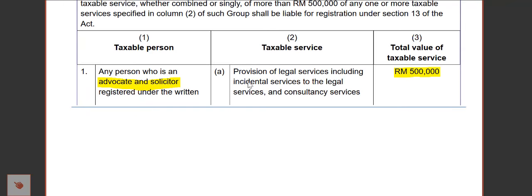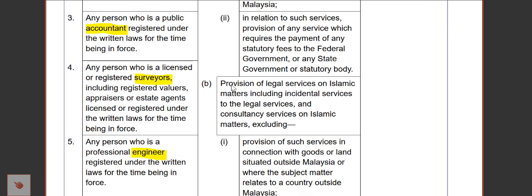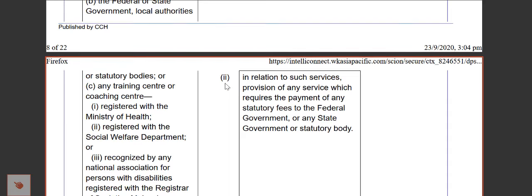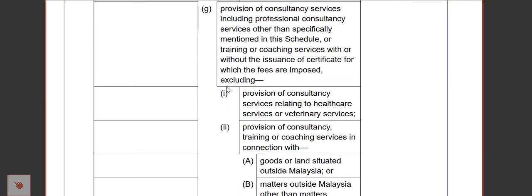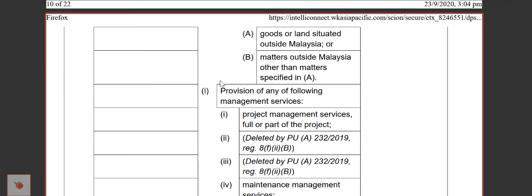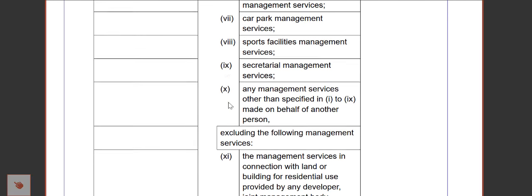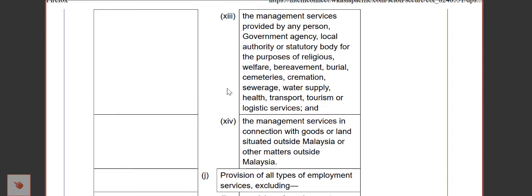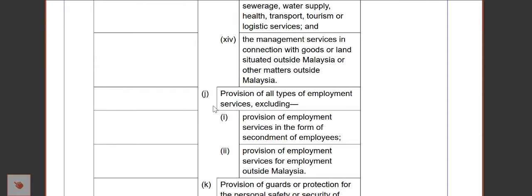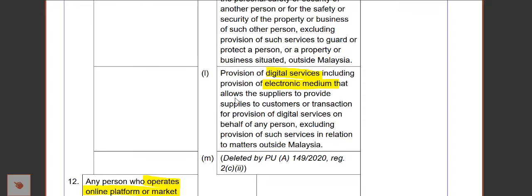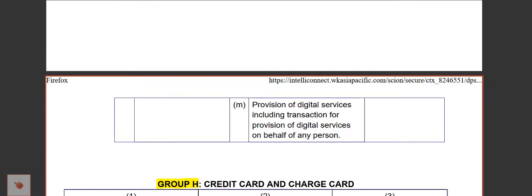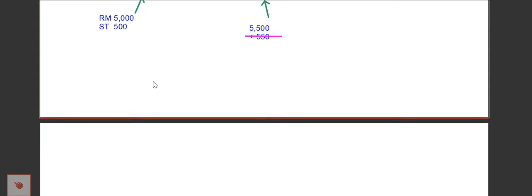So A, B, C, D, E, F, G, H, I, these are the services. Now, J is not. K is not. L is not. See that? So not everything, you know. Now, M is not. Let me explain to you.